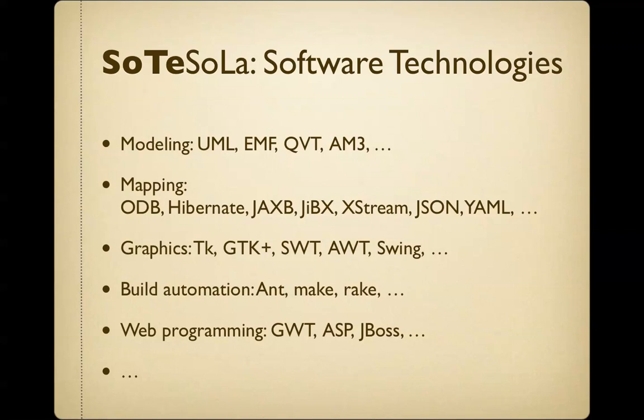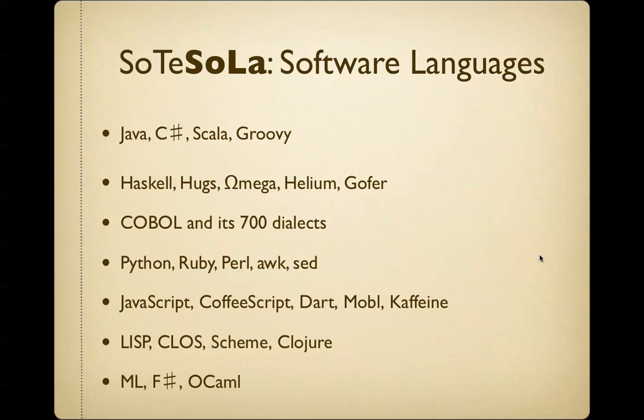There are many software technologies for graphics, for build automation, for web programming, and for many things that we use in software development. Software languages, the second part of SoTeSoLa, is really about a language in which you write your program and store it. It can be something very simple like Java or C#, Scala, Groovy. It can be Haskell or a Haskell dialect, or COBOL, and even COBOL dialects.